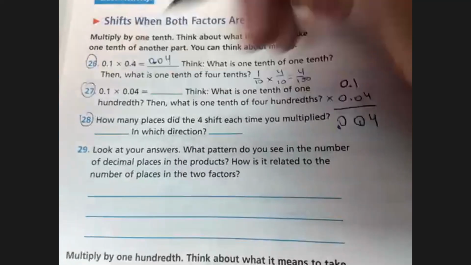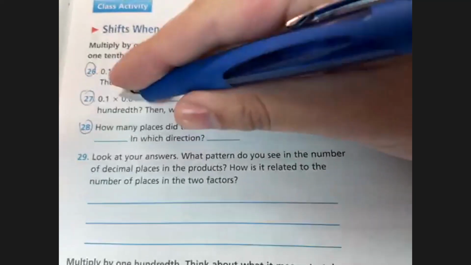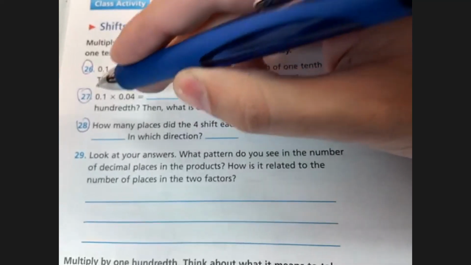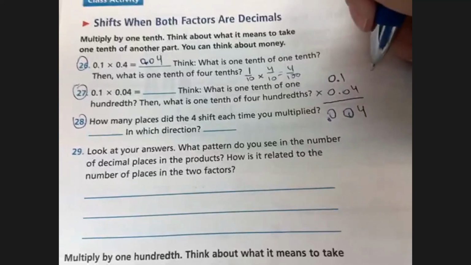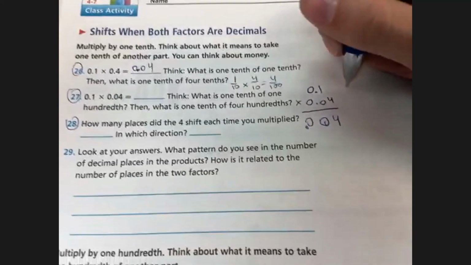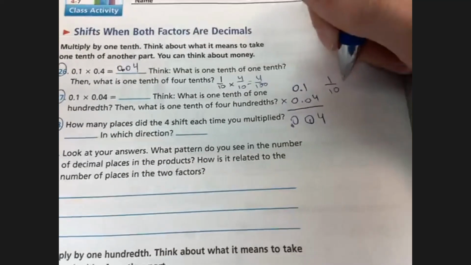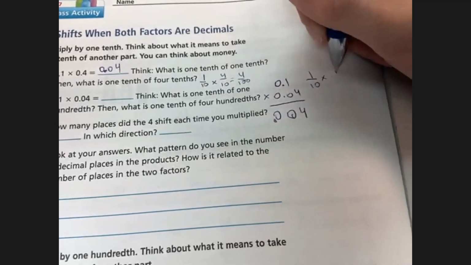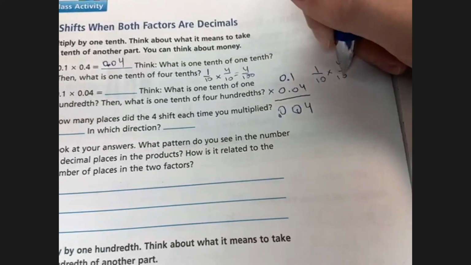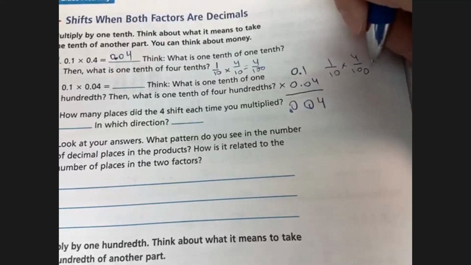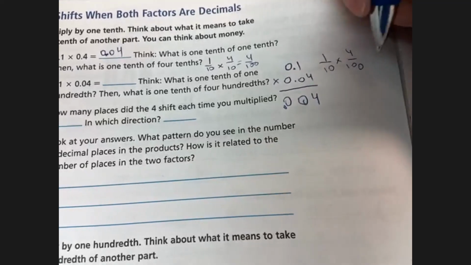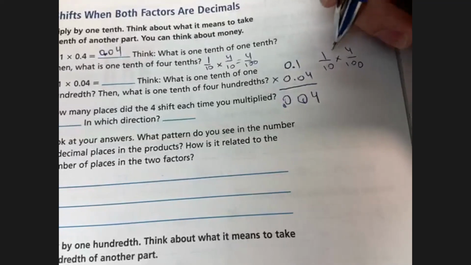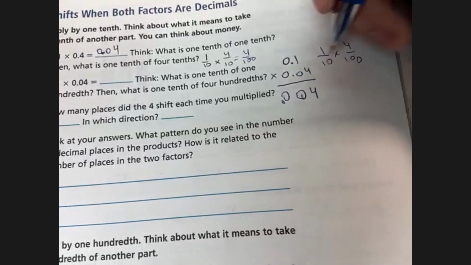Another way you could do it would be to think about how this looks. How can we rewrite these two numbers in fraction form? 1/10 times 4 over 100. Yep. Yeah, you're right. When we multiply that across, don't cross cancel, just multiply across.